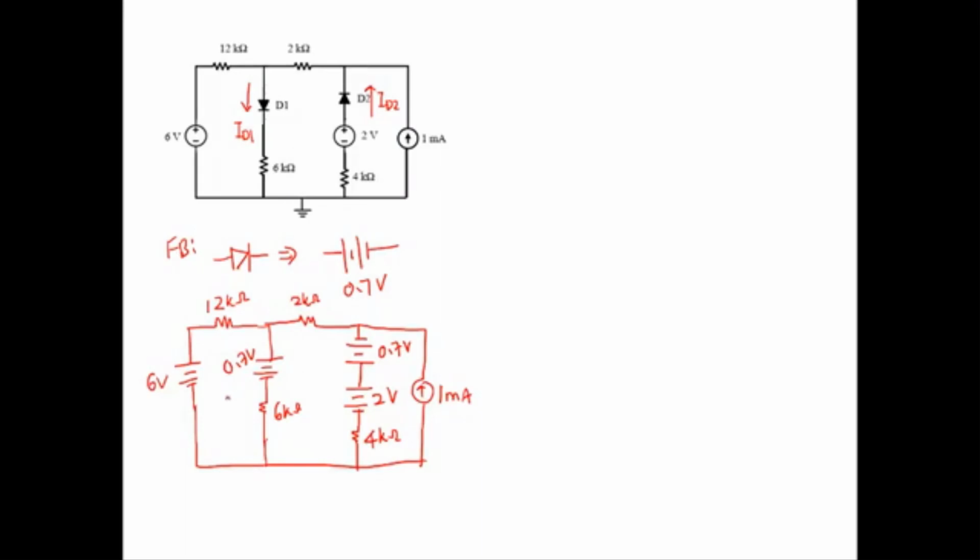How can we do the analysis? We do mesh analysis. This is I1, this is I2. First, loop I1 starting from the 6 volt. So this is minus 6, plus 12 kilo ohm with only one current, I1 times 12K.